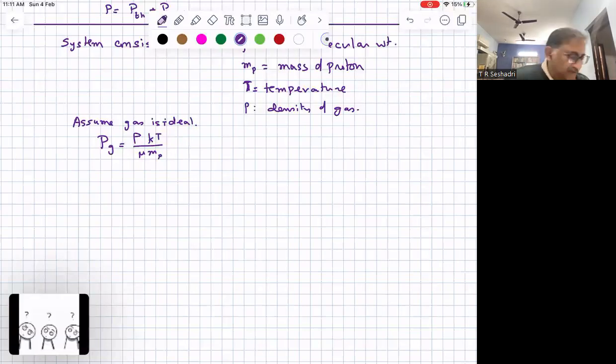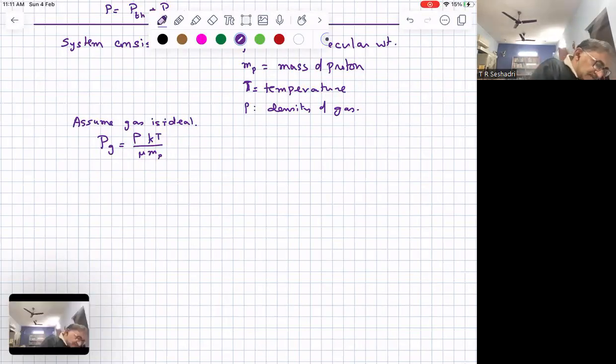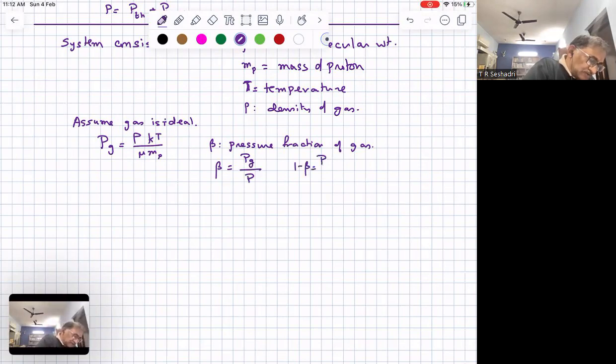Yes. Okay. Now I say let beta be the pressure fraction of gas. So I have beta is equal to Pg by the total pressure, and hence 1 minus beta is equal to P radiation by total pressure.